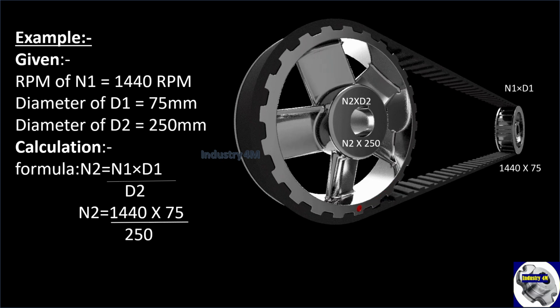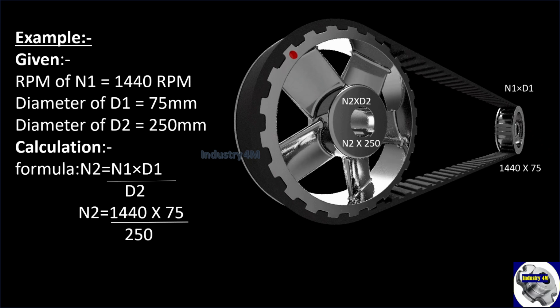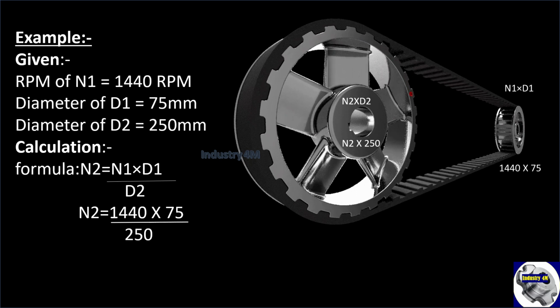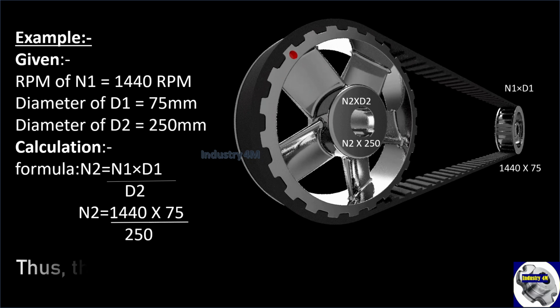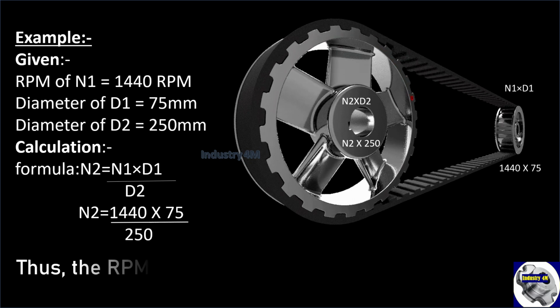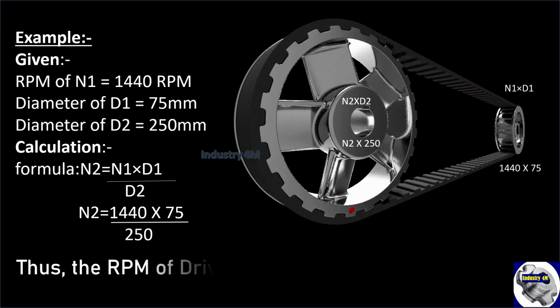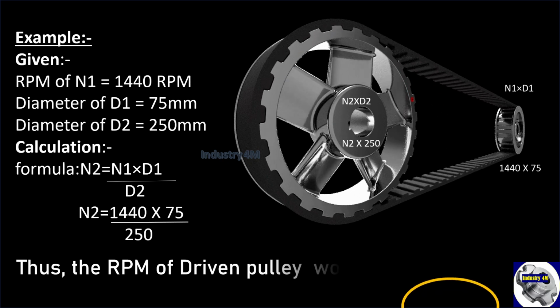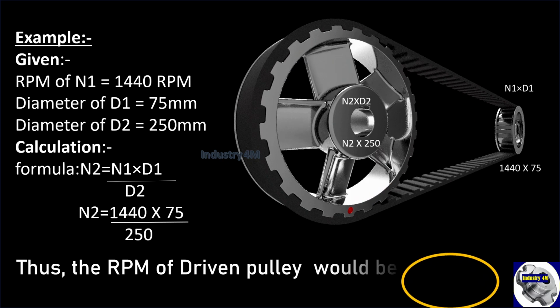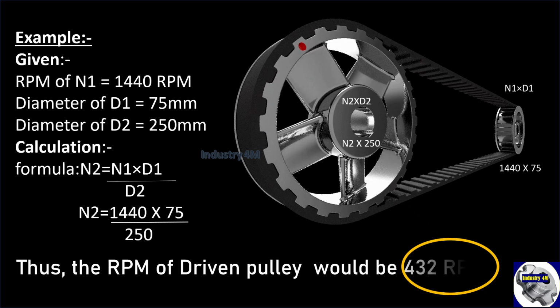We put the values in the formula, N2 is equal to N1 into D1 divided by D2. So you can calculate and see the value of the driven pulley RPM would be 432.